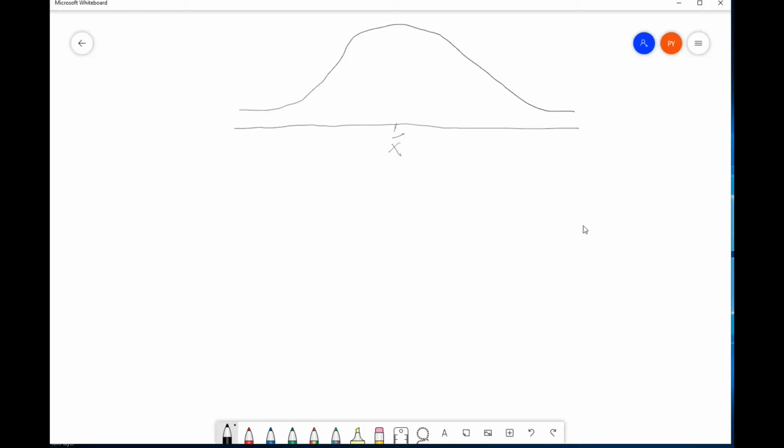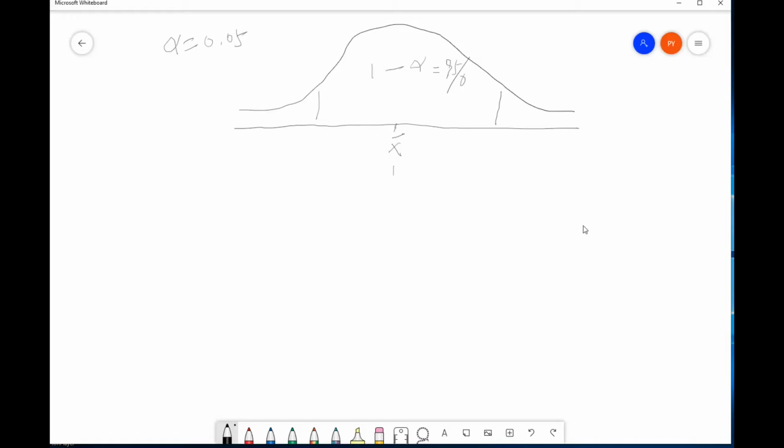Let's assume alpha is 5%. The confidence interval will be 1 minus alpha, so actually this is 95%.